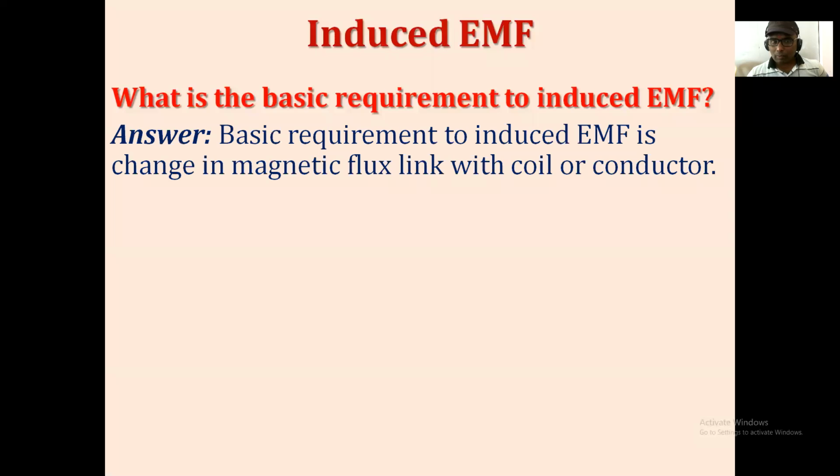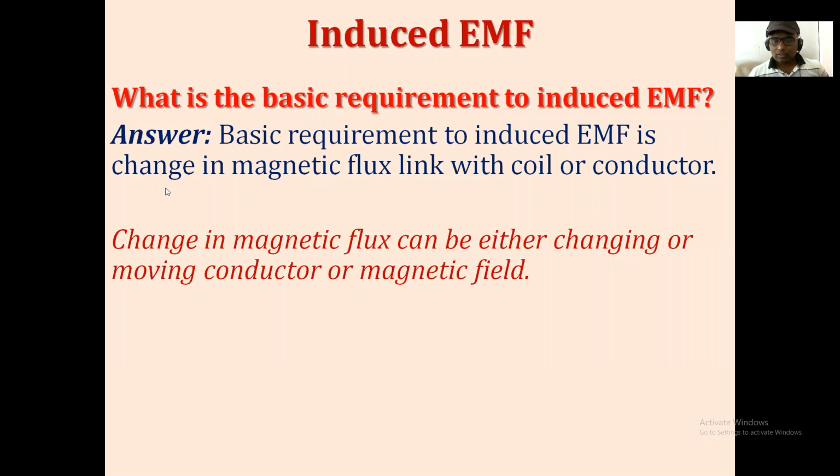Once again, the basic requirement is a change in magnetic flux linked with the coil or conductor. A very important word here is change. This change in magnetic field is either due to the movement of a magnetic field or due to the movement of a conductor.